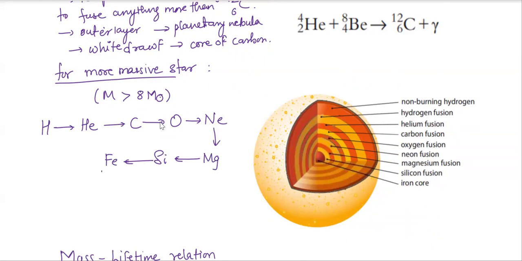So the burning of hydrogen lasts for almost billions of years. Even the helium lasts for 10 raised to 6 years. The carbon process will last roughly around 1,000 years. The oxygen process might last for hundreds of years.